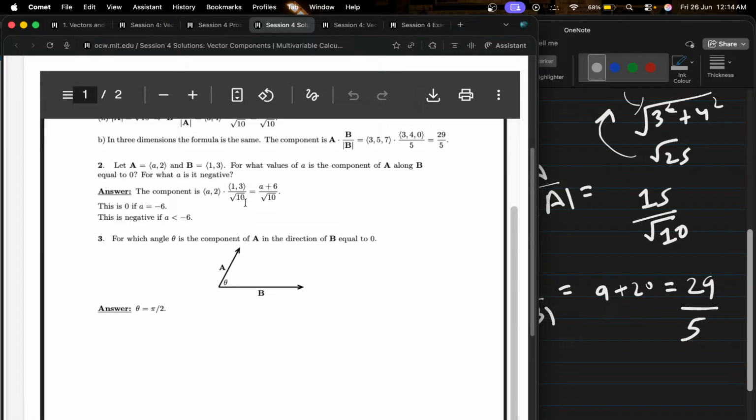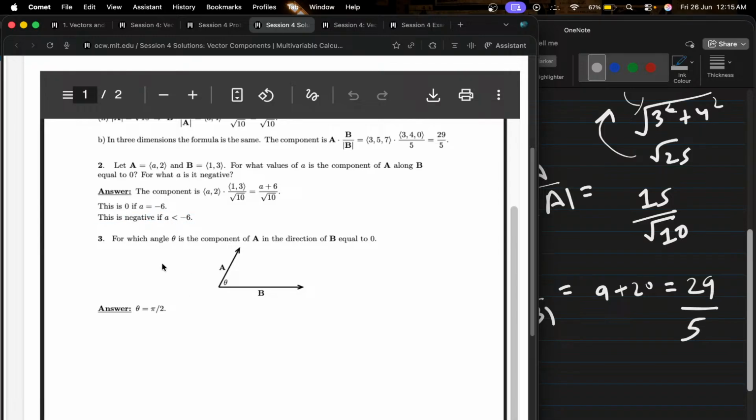No, I said it inversely, it is the inverse of that. So what is the question? For what value of a is the component of A along B equal to 0? It will be 0 if this thing cancels out this, so it will be minus 6, and so a should be smaller than minus 6.